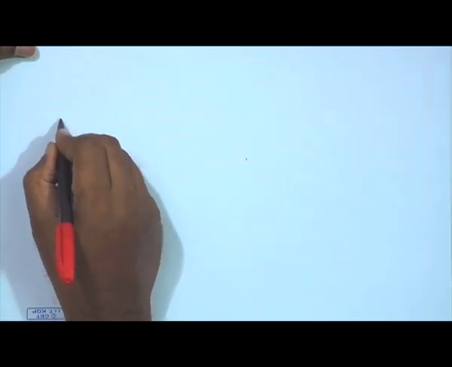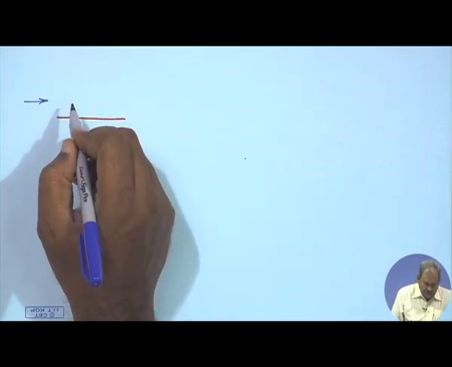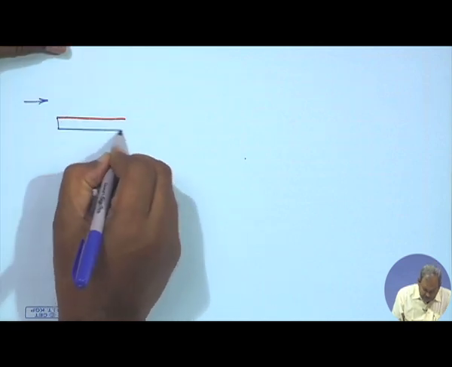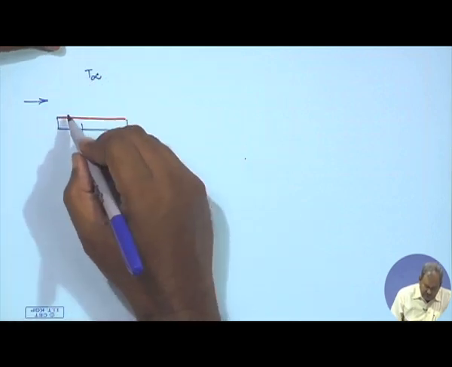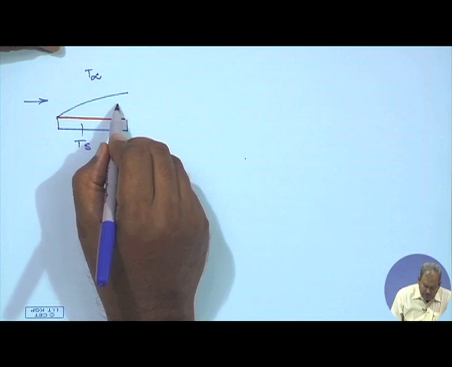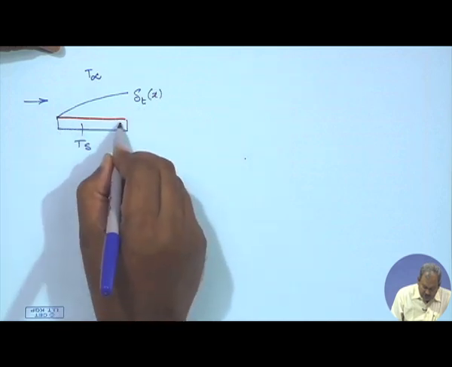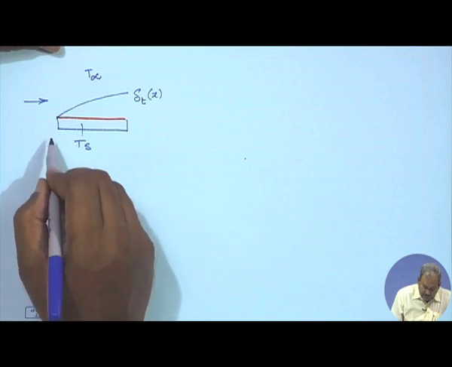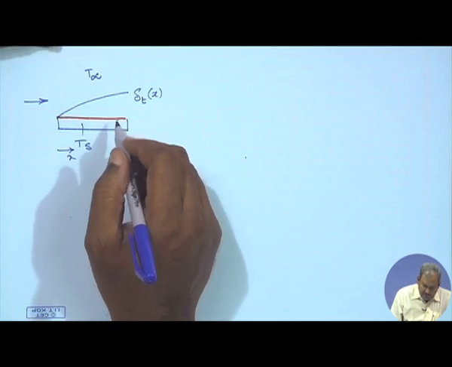So, we would start first with the case of this solid plate, and you have a flow. The two temperatures are different. This temperature is at Ts, and the temperature over here is going to be at T infinity. This is the exaggerated view of the boundary layer thickness. This is the thermal boundary layer, the thickness of which is going to be a function of x. As we move in the x direction, obviously the thickness of the boundary layer will keep on increasing.